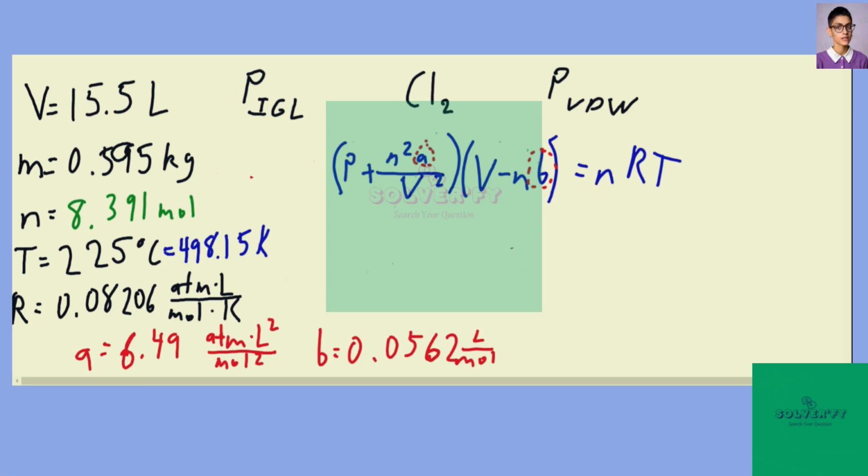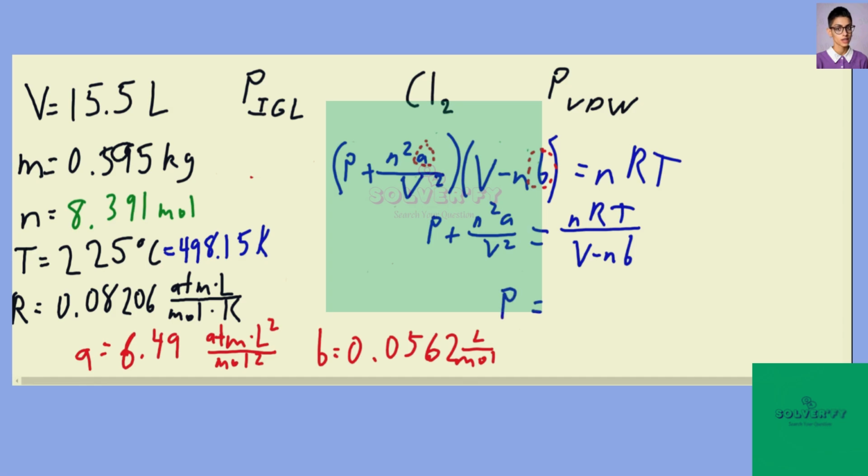Now in this equation, once again, we're going to isolate P. So we'll take this and put it to the other side. So P plus n squared A over V squared equals nRT over V minus nB.